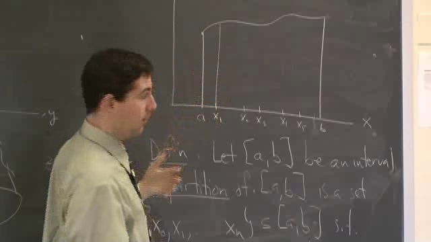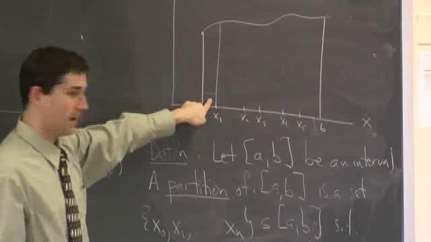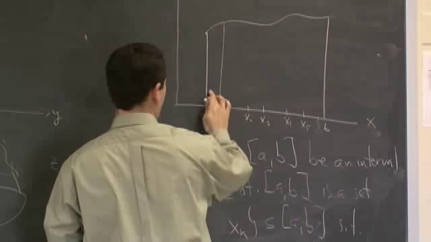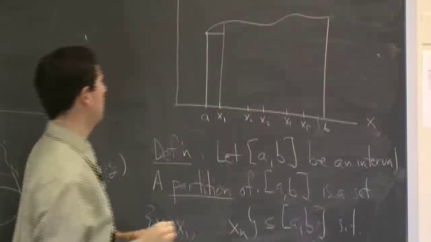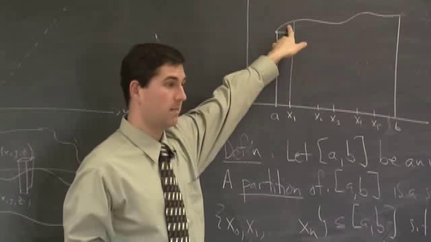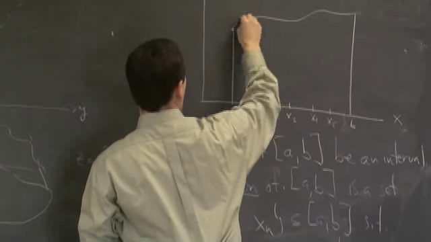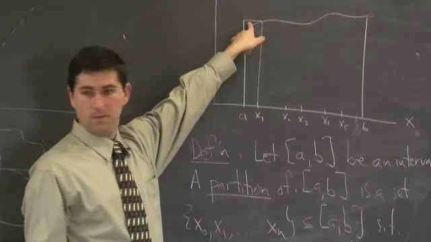I can put it down here, but now my estimate is really bad. Or you could put it here, and now you're missing some area. You miss all this garbage at the top. Or I could put it up here, and now I get all this extra garbage.